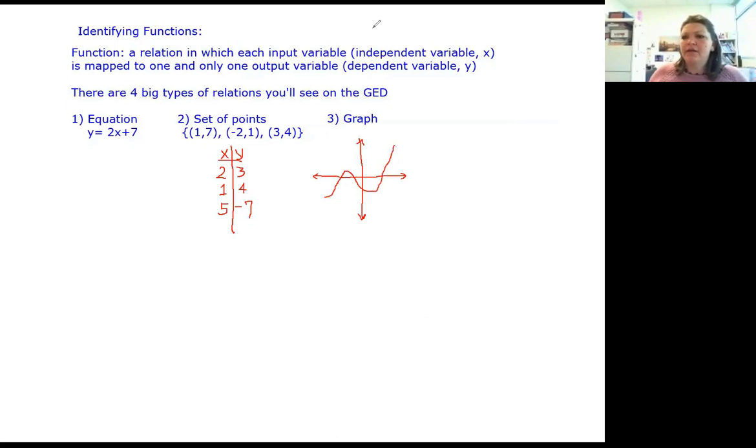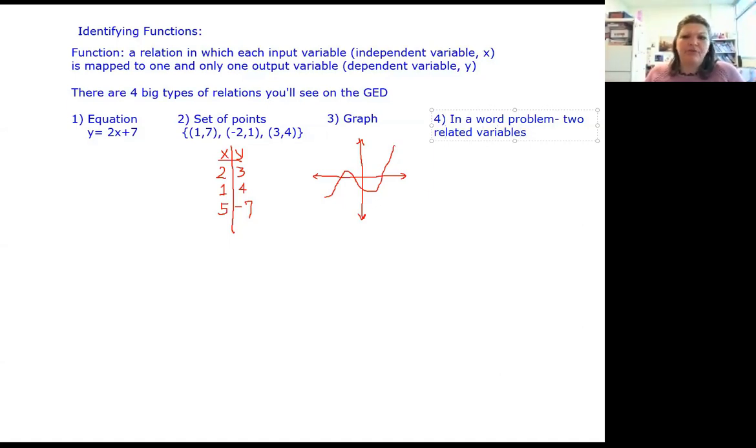Okay, and then the last way, I just decided at the last minute to include, is that you could see a relation in a word problem. But again, what you're going to see is two related variables, two things that happen together. If you think of when one thing changes, another thing changes, they're correlated.